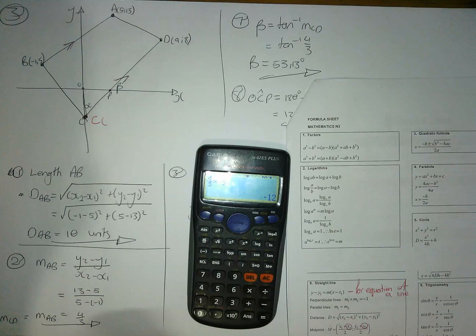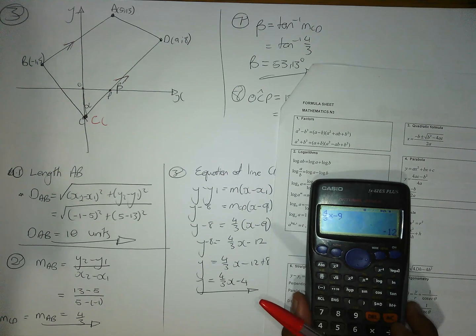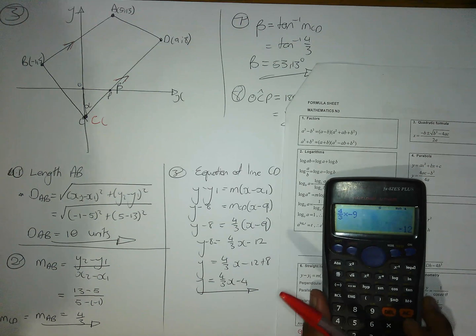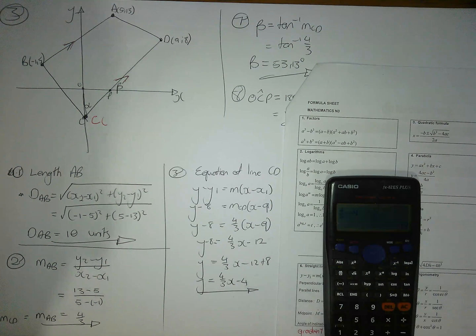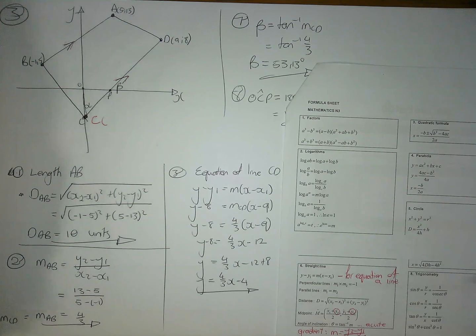Yeah, you can put it in the calculator also. Never break your brain, put it in the calculator quickly, and you get 12. Yeah, it's a weird one.